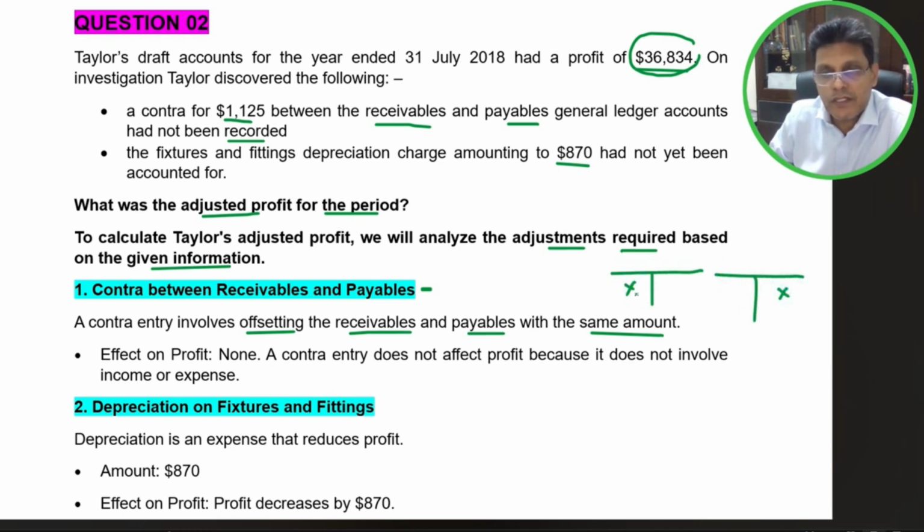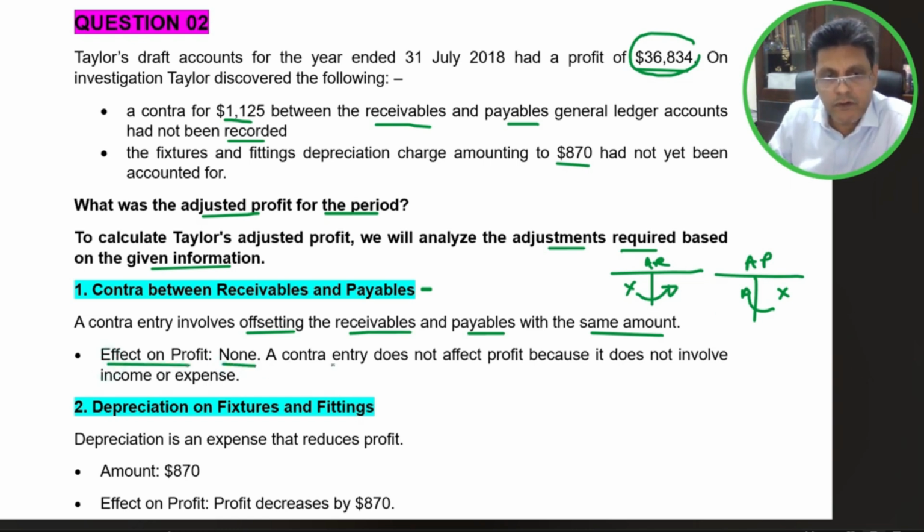So when you offset, you need to credit the accounts receivable and you need to debit the accounts payable, so that you can offset receivables versus payables. But what is the effect on profitability?